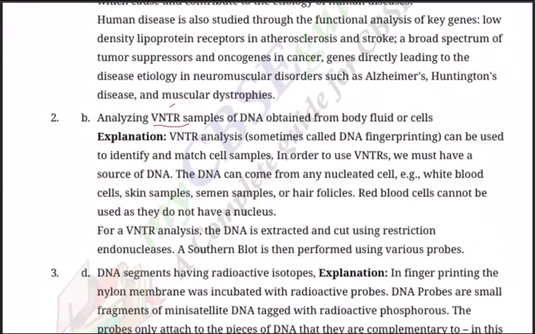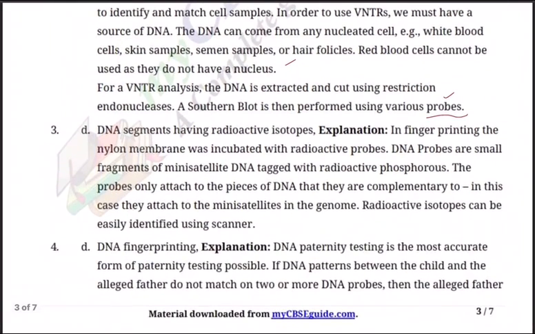The DNA can come from any nucleated cell: white blood cells, skin samples, semen samples, hair follicles. Red blood cells cannot be used as they do not have a nucleus. For a VNTR analysis, the DNA is extracted and cut using restriction endonuclease, which are what we call molecular scissors. Southern blot is then performed using various probes that can be repeated.